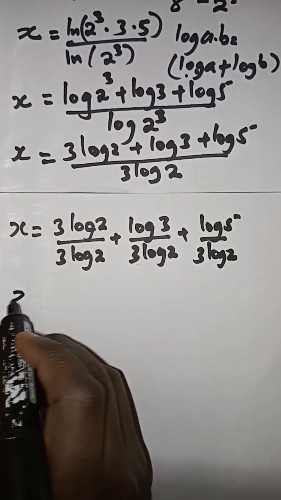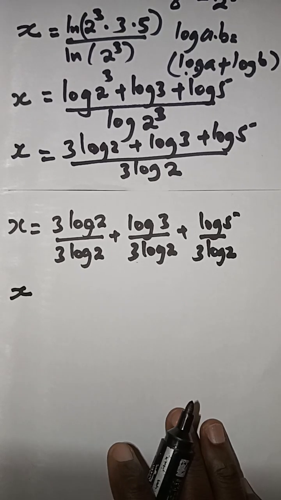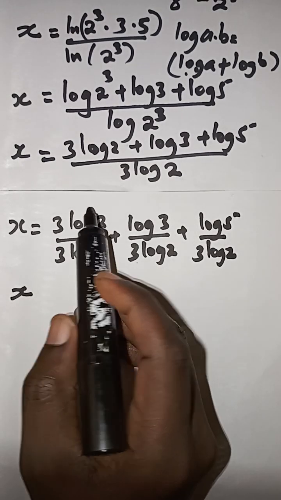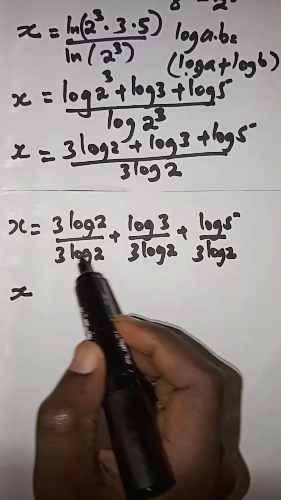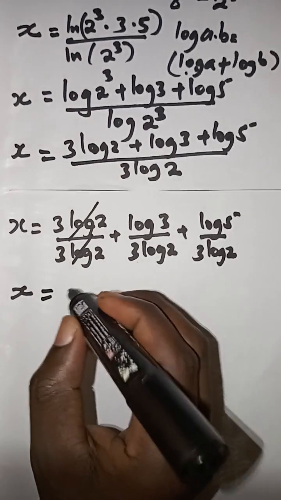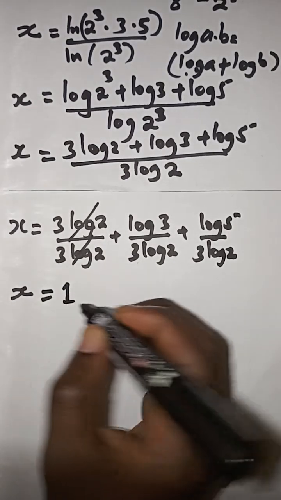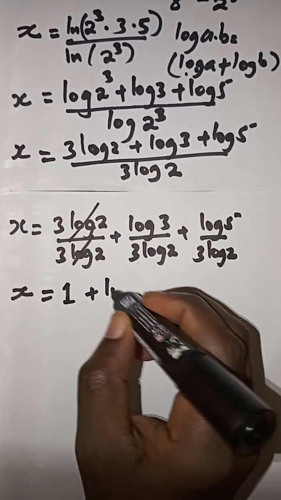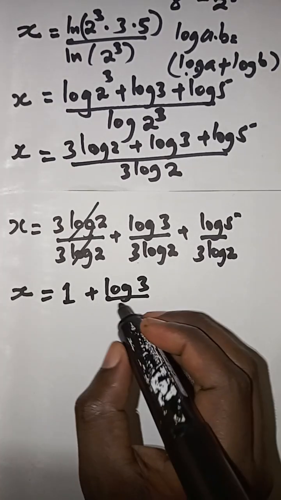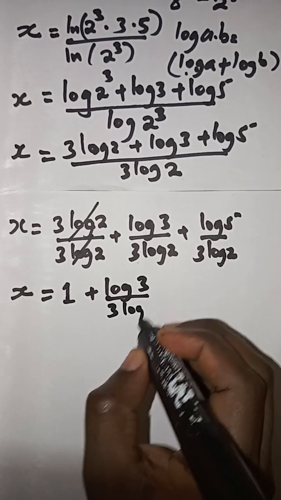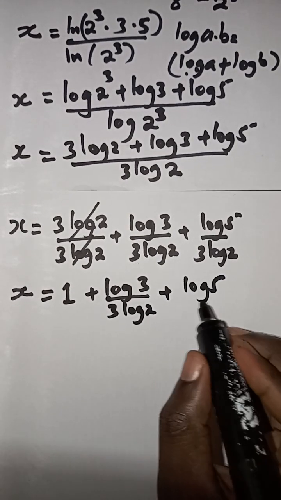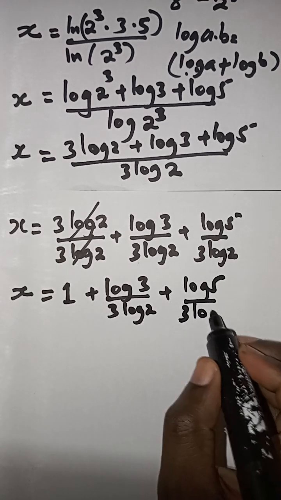So up to this position, it is easy to simplify the 3 log of 2 and 3 log of 2. I'm going to end up with 1 plus the log of 3 divided by 3 log of 2 plus log of 5 divided by 3 log of 2.